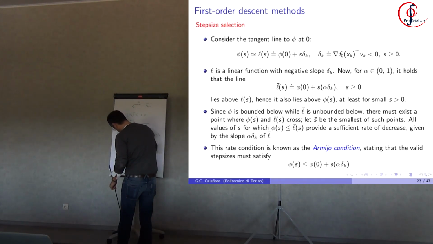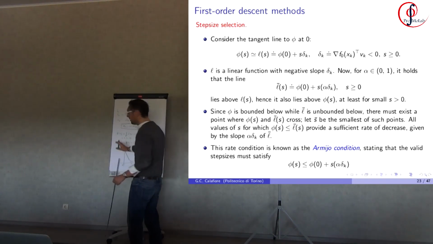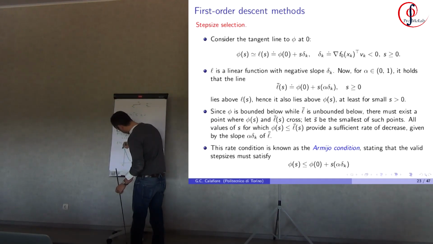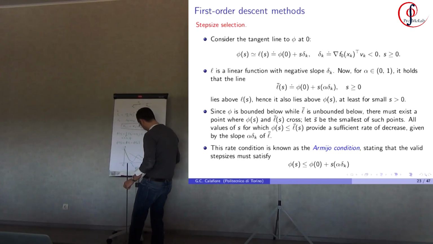We compute the tangent line. So that's the tangent line l of s. And the tilted line l bar is something like this. So this is l bar of s.